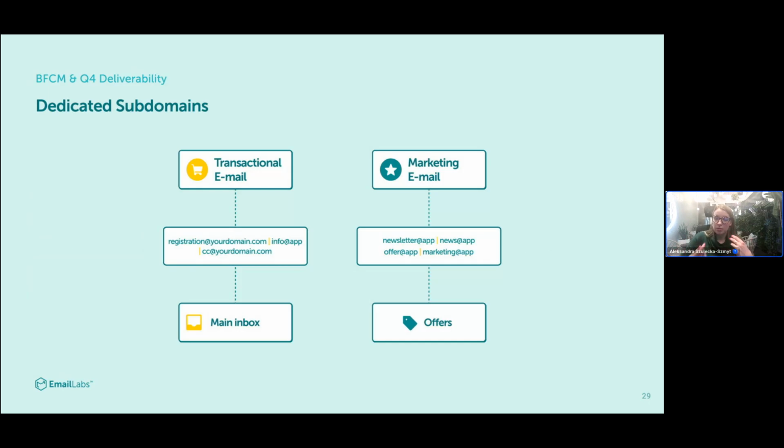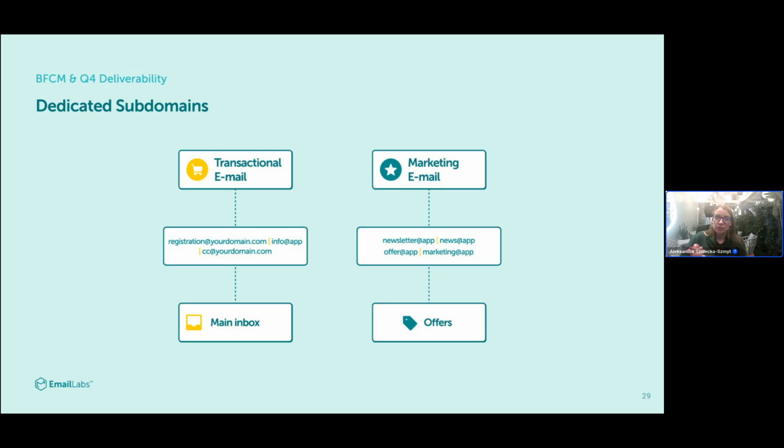What you can also do is still use the main domain, but use a different alias. So the part of an email address that is before the at sign. For example, for transactional, you can use registration@yourdomain.com, and for newsletters, you can use newsletters@yourdomain.com. One of the Polish local email providers, Wirtualna Polska, also looks for this differentiation in email addresses and bases the email placement in the inbox on it.